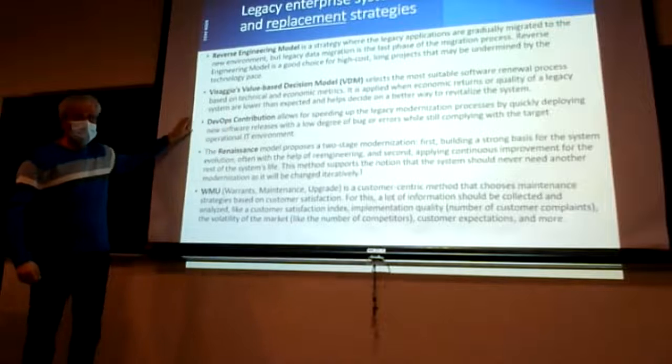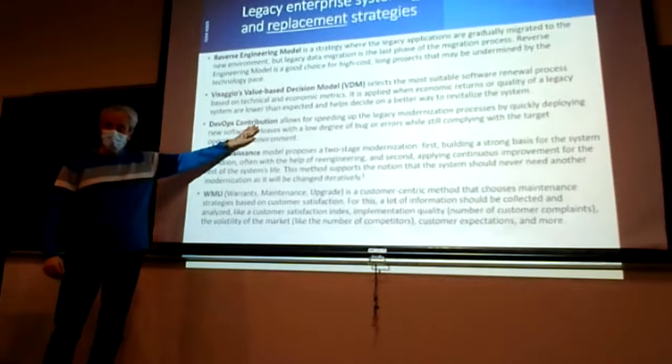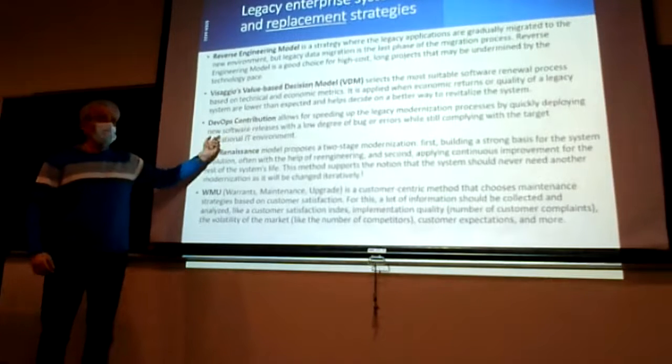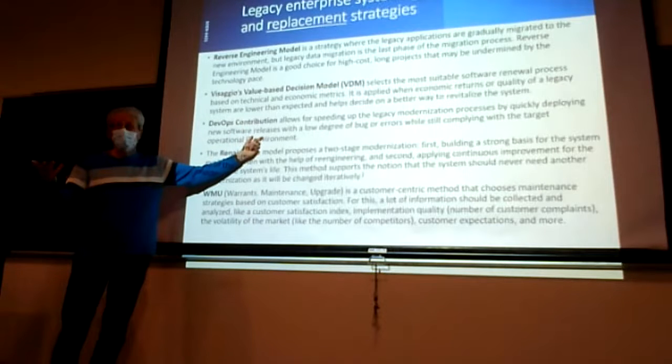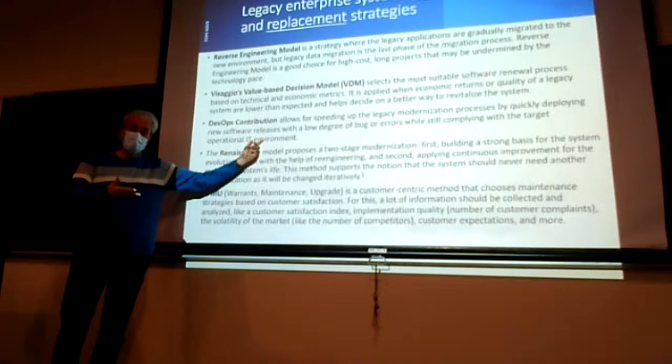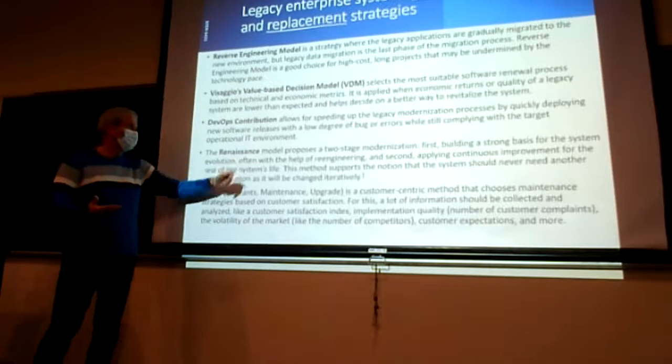So DevOps is not completely out of it, right? DevOps has the insight how good our old legacy system is, and it can drive the new development to avoid these mistakes and problems which we have with the current system.